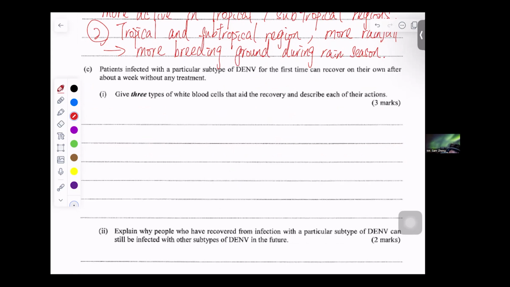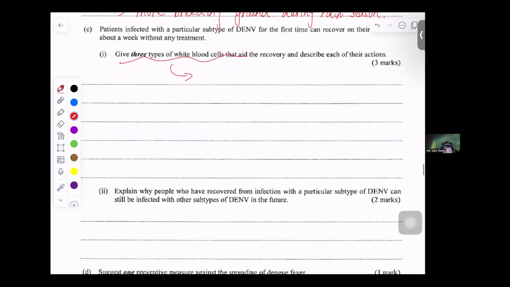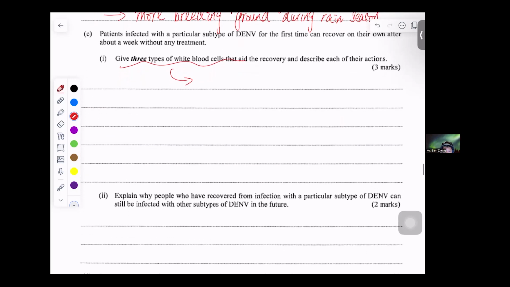So in this case, I'll give you 3 minutes to try to find out which three types of white blood cells aid the recovery. Okay, so you realize that the first type that we may see is our phagocytes.